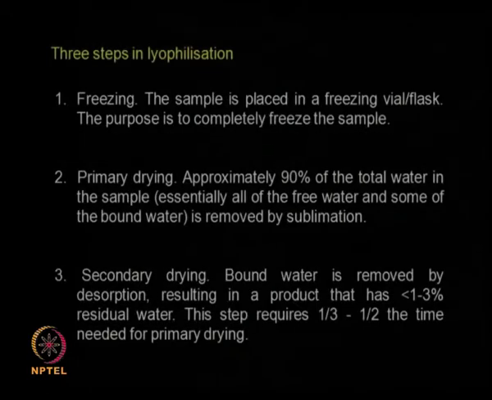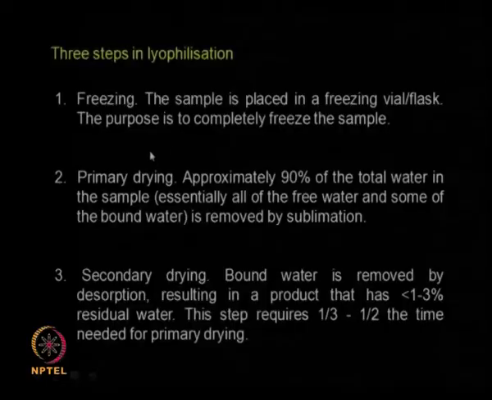So there are three steps in lyophilization. First we have the freezing: the sample is placed in a freezing vial or flask. In a laboratory situation we take the material in a flask. If you are working in the pharmaceutical industry, you take it in a vial, because it becomes easier to completely seal it once you have done the freeze drying.